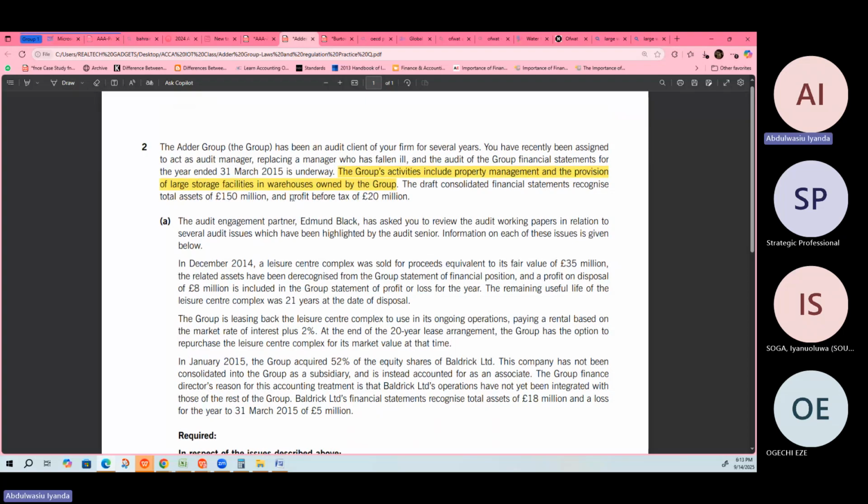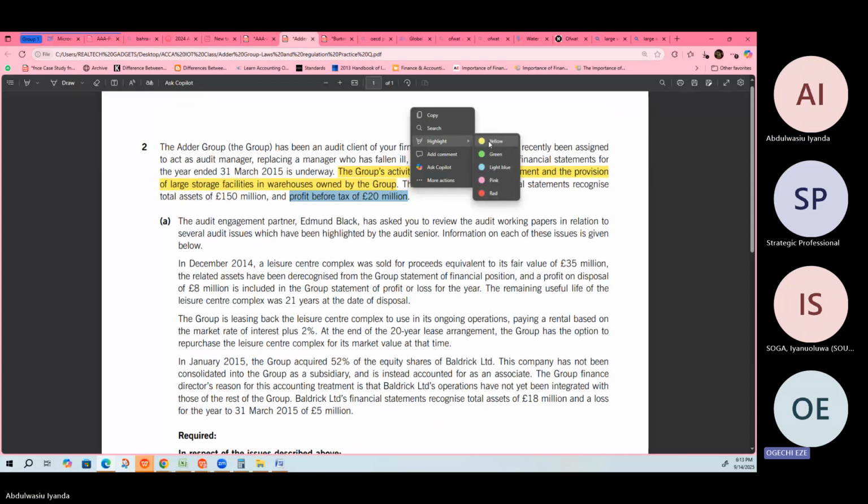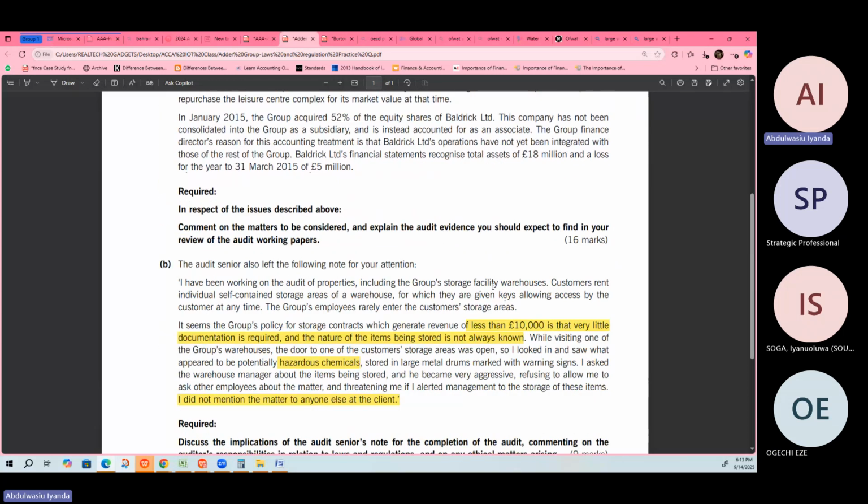They have profit before tax of 20 million, and they say the revenue is less than 10,000. So it's very, very low.